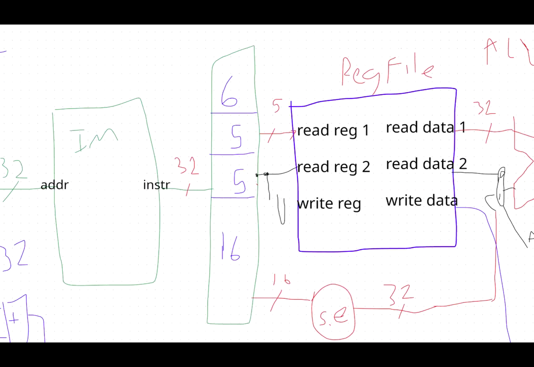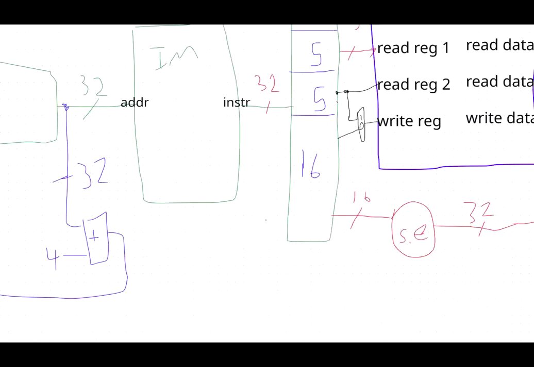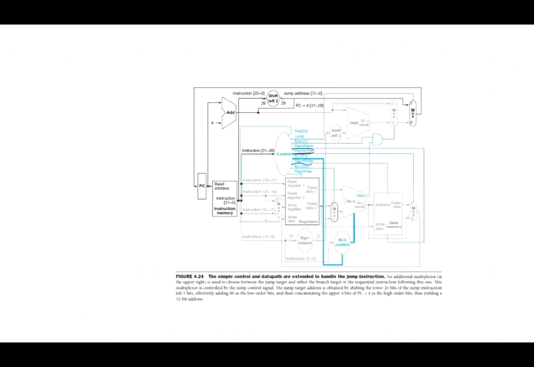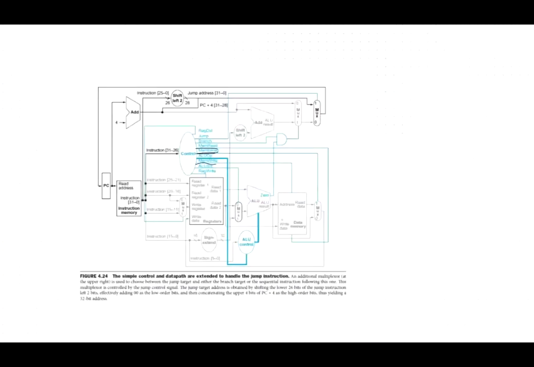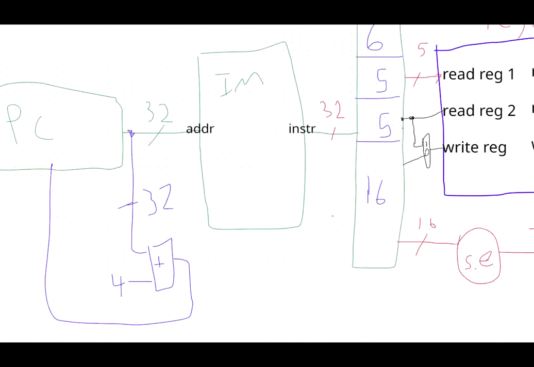So this multiplexer here, the output is going here. Let's say this is a 1. And the other input of this multiplexer, I believe, is this over here. Let's call this the 0 input. Let me just make sure that's correct. Or no, sorry, it wouldn't be this one. How do I describe this?